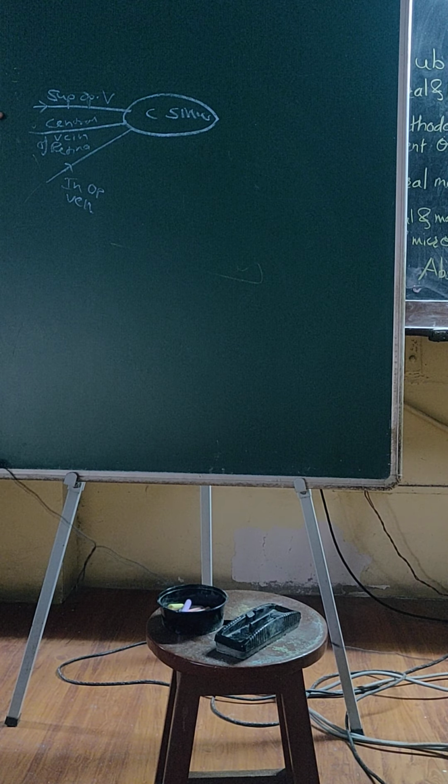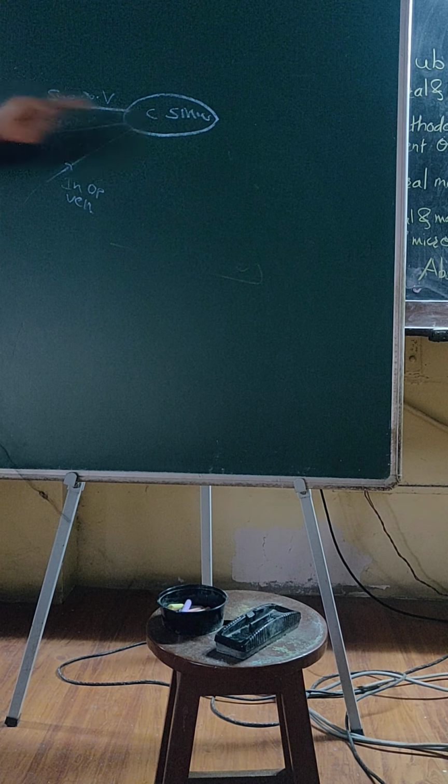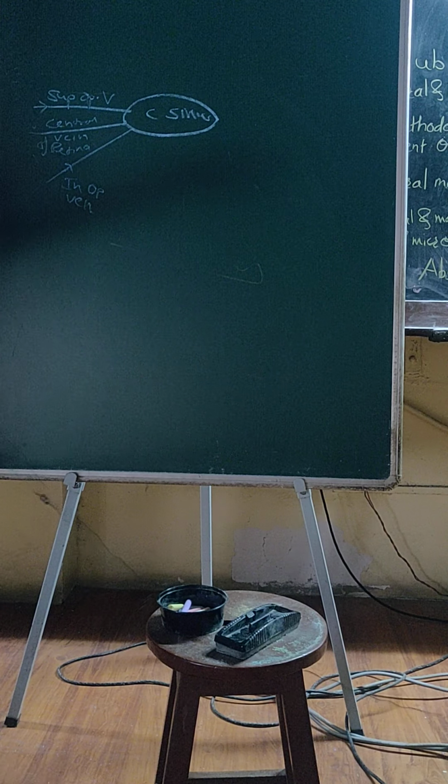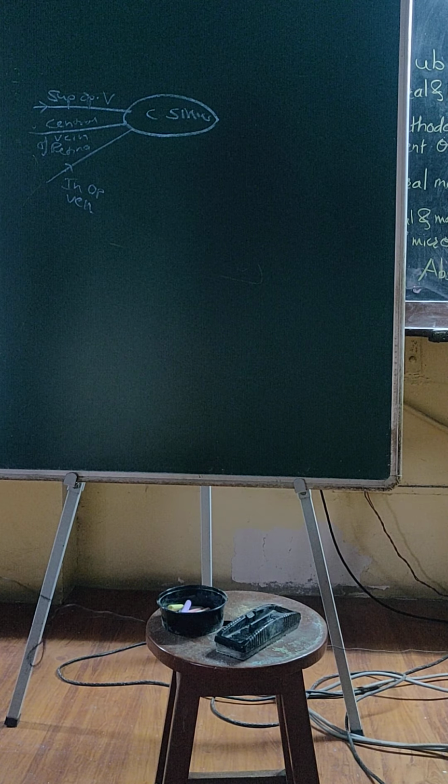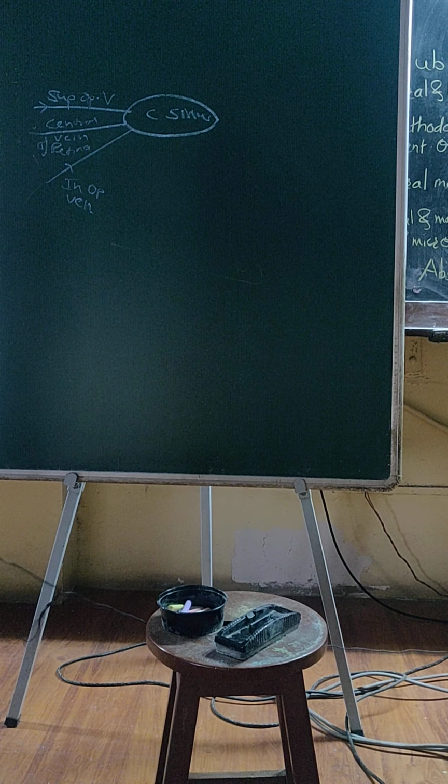So now you understand if cavernous sinus is damaged, superior ophthalmic vein cannot drain the eye, inferior ophthalmic vein, central vein. So therefore, cavernous sinus is very crucial.